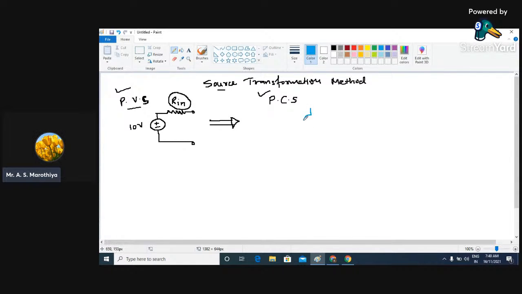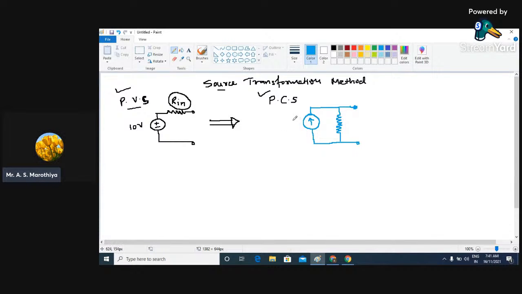I told you that a practical current source is nothing but a combination of a current source, and to that we need to connect an internal resistance, that too in parallel. This we already discussed in our previous sections. If you forgot, just go back and watch those videos. You can find out why we have connected a resistance, or you can say the internal resistance of a practical current source, in parallel with the ideal current source.